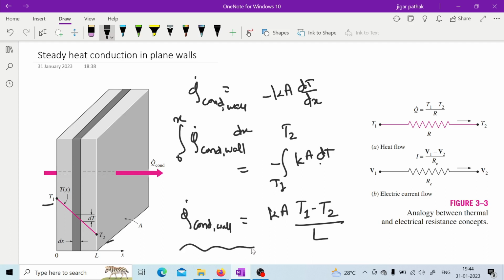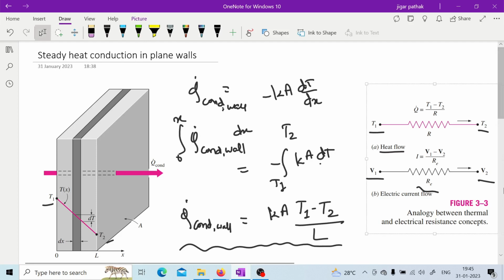Now this conduction through the wall is analogous to current transfer through a resistance. With this analogy, the driving force here is the temperature difference, just as the driving force there is the voltage difference. So in the case of heat flow, the driver is T1 minus T2, and it is divided by R. R will be L upon KA in the case of conduction through a plane wall.